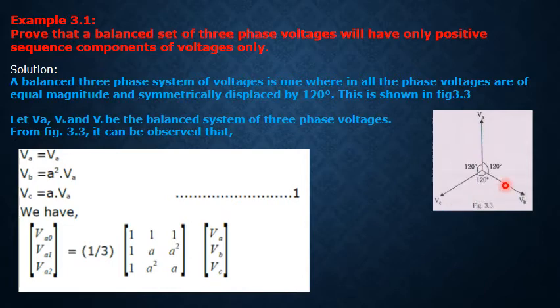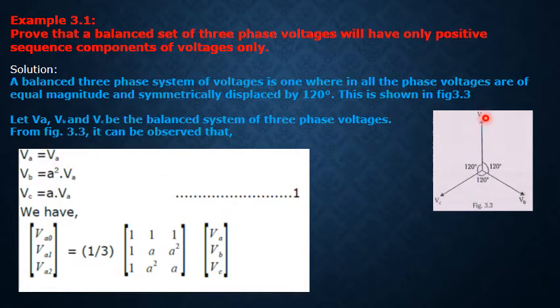For these voltages we need to prove that it will have only the positive sequence component. Whatever voltage we are going to find, it will consist only of the positive sequence component. As we assumed, VA, VB and VC are a balanced system of three-phase voltages.